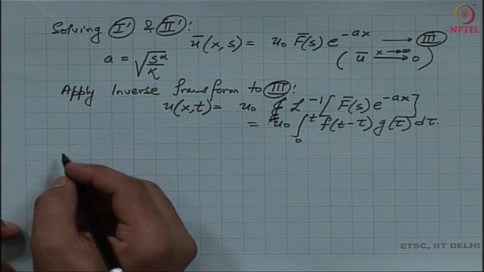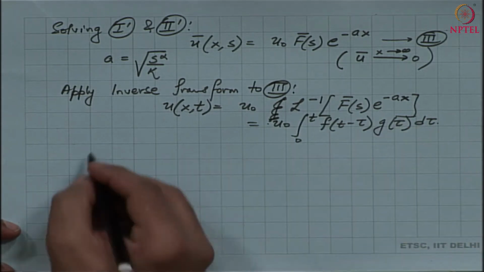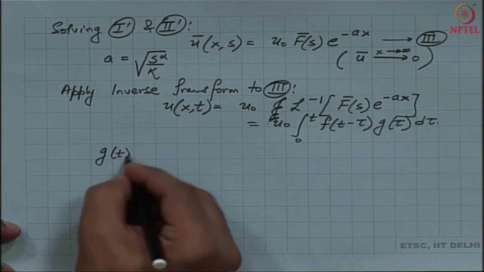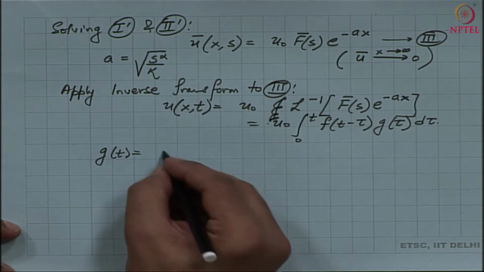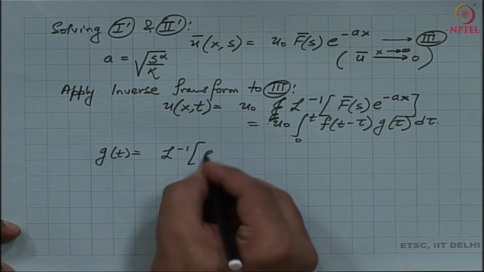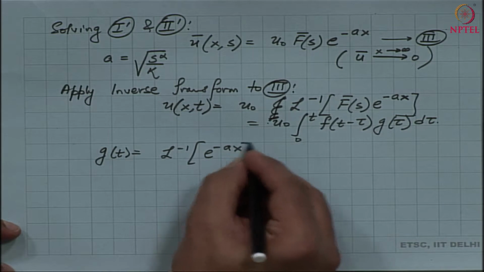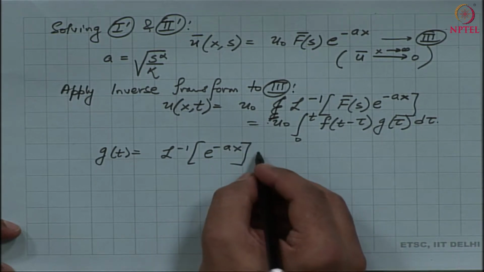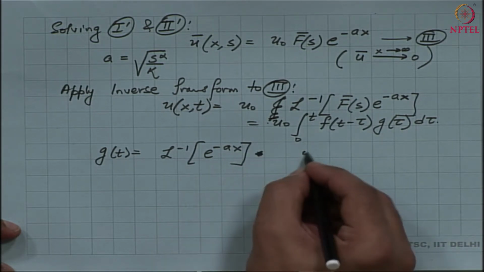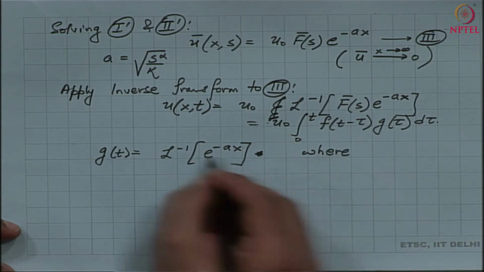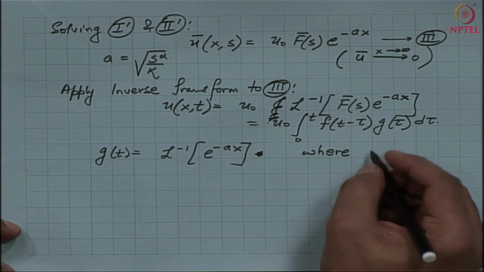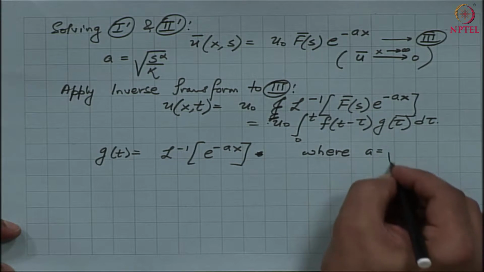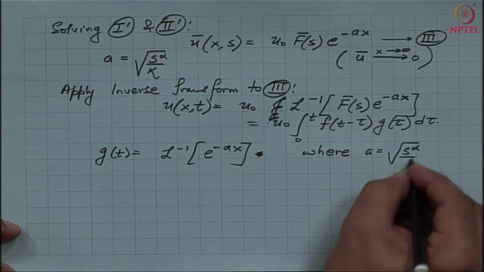Now, I know that g of t is the Laplace inverse transform of e to the power negative a x, where a contains my variable s. So, where a is square root of s to the power alpha by kappa.